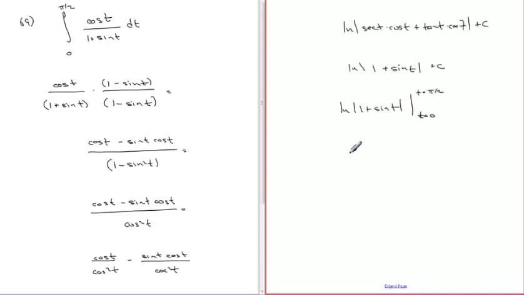So we would get the natural log of 1 plus the sine of pi over 2 minus the natural log of 1 plus the sine of 0.